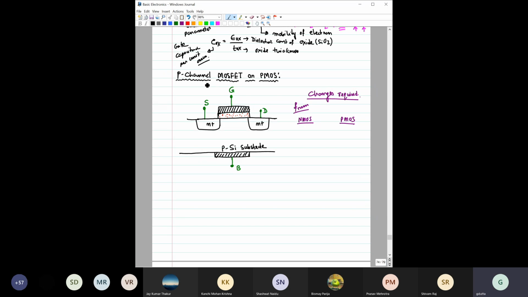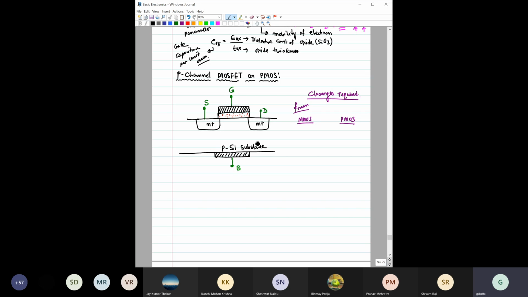So in N channel MOSFET, remember what the name is coming from, whether the channel is formed by holes or electrons. In N channel, the channel was formed by electrons. That's why the name is N. So for P channel, from the name itself, it is clear that the channel will be made up of holes, right? This is actually the N channel MOSFET.